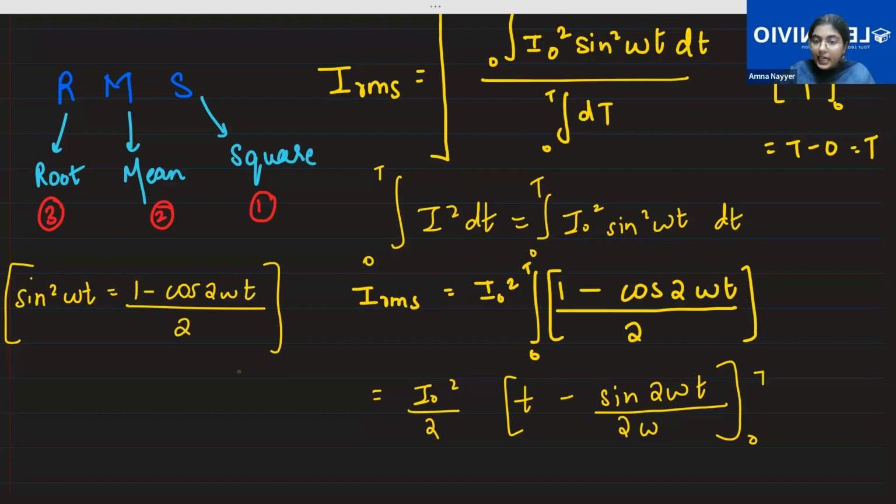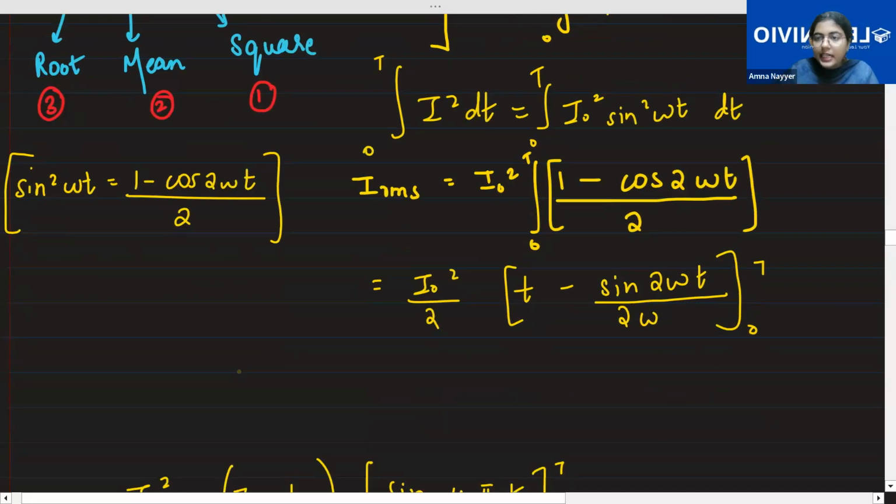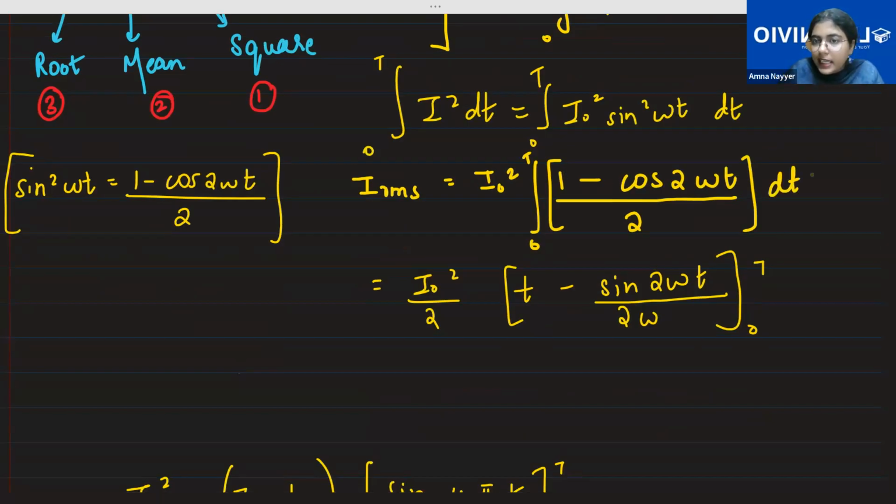Now, when I integrate it, dt will also be there. So dt will be multiplied. And when you integrate dt, you get t. And when you integrate cos theta, you get sine theta. And what did I tell you? The constant term divides. So here the constant is omega, it will be divided here. So what do we get?